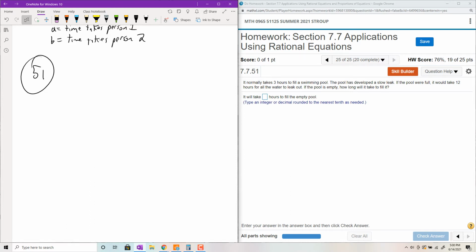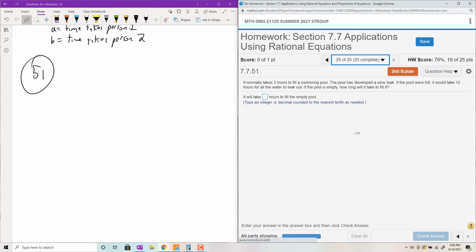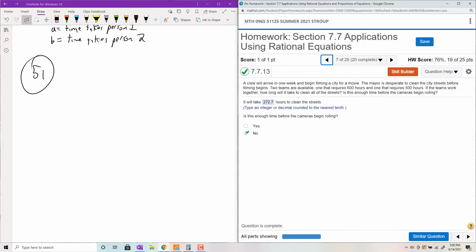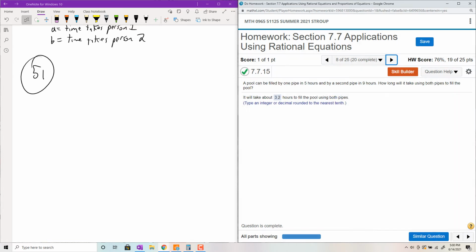The pool has, though, developed a slow leak. Well, this one might be a little more complicated. Obviously, it's a little farther down the list. Let's go back a little bit. Okay, sorry about that. There's a pool question, I missed it. Okay, so this is like question 15.